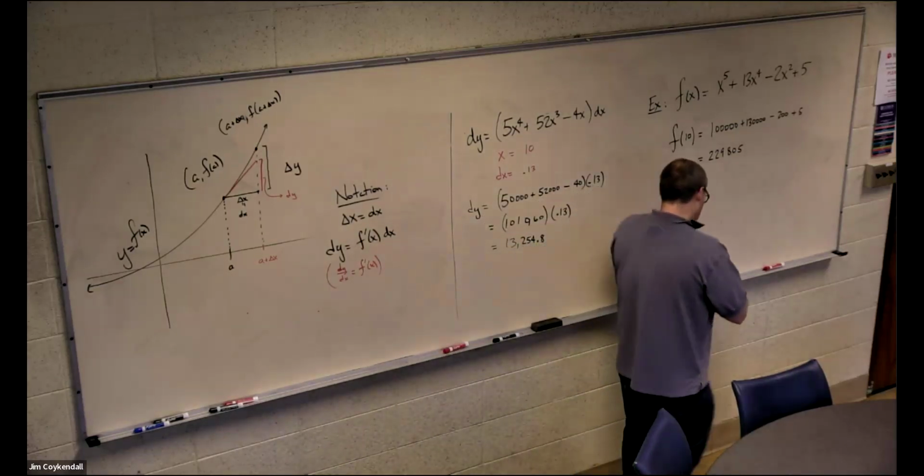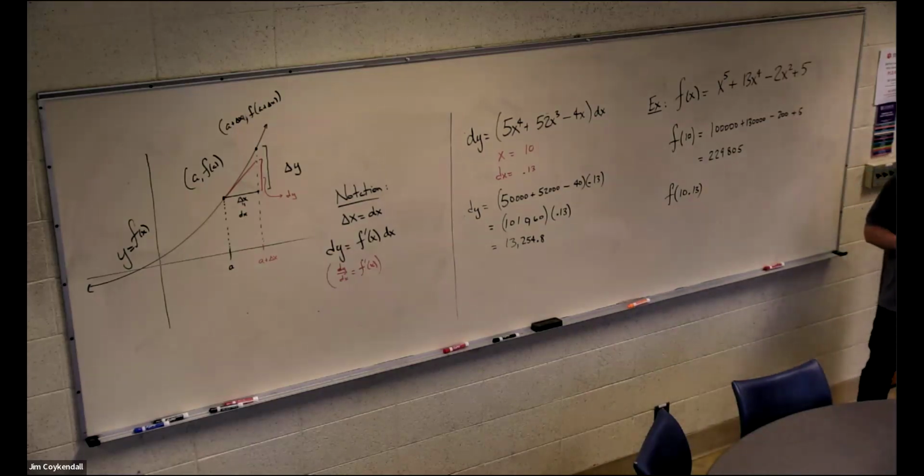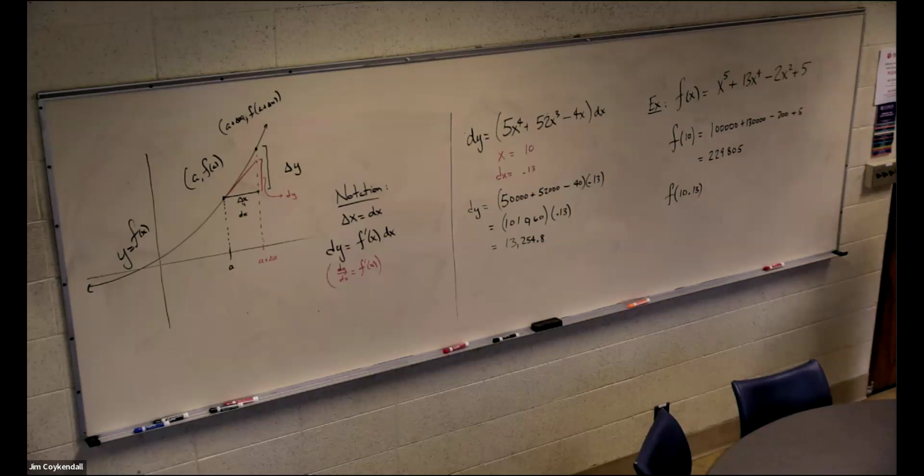Well, f of 10.13, let's persevere, 10.13 plus 13 times 10.13 minus 2 squared pi.